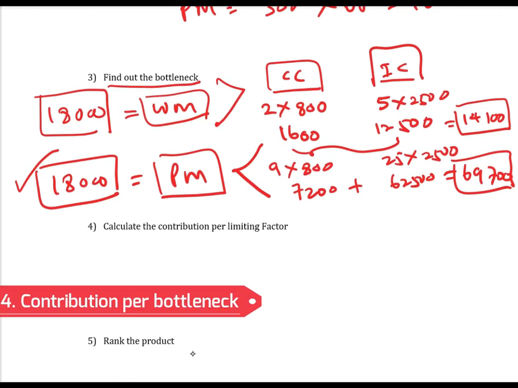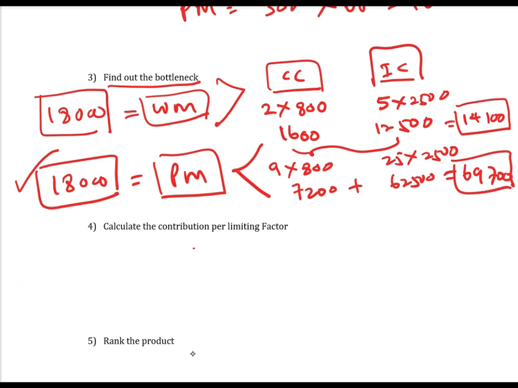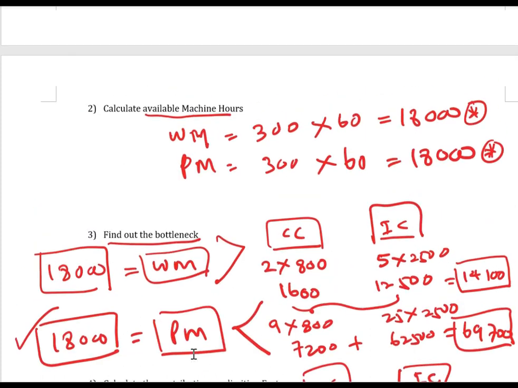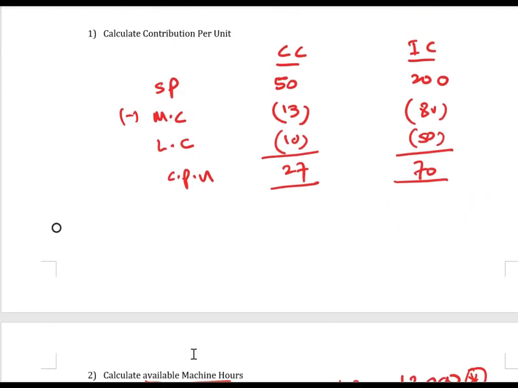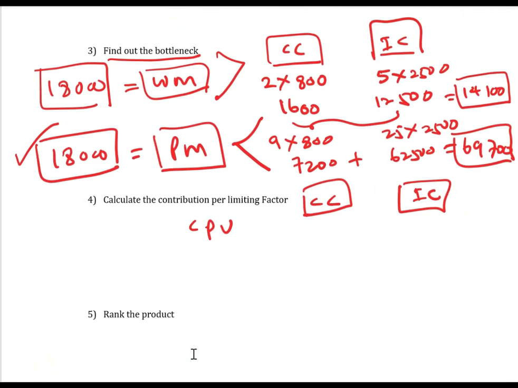Calculate the contribution per limiting factor. What is the limiting factor here? The painting machine. Take the contribution per unit for CC and IC, which we calculated as 27 and 70. How many minutes are required on the painting machine? 9 minutes and 25 minutes.